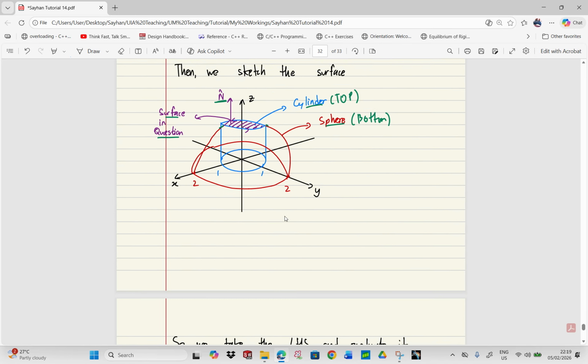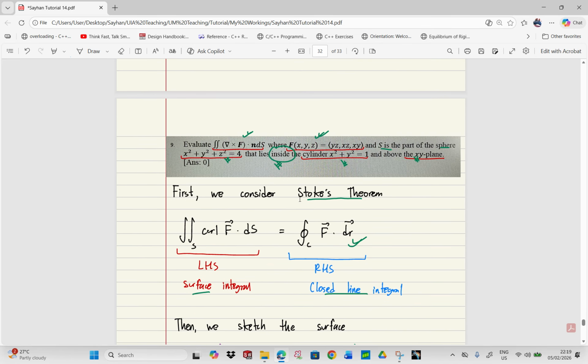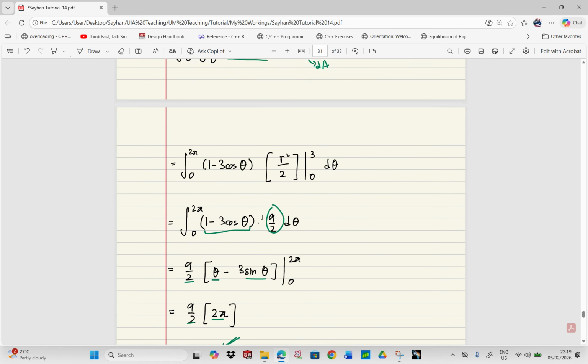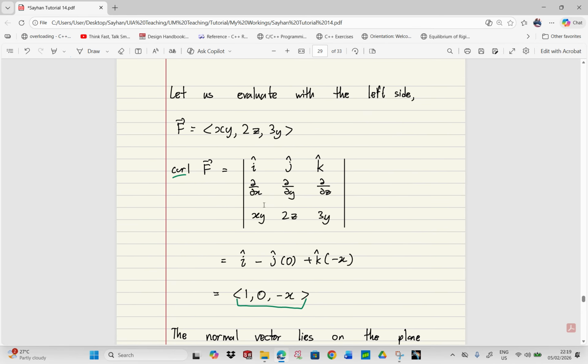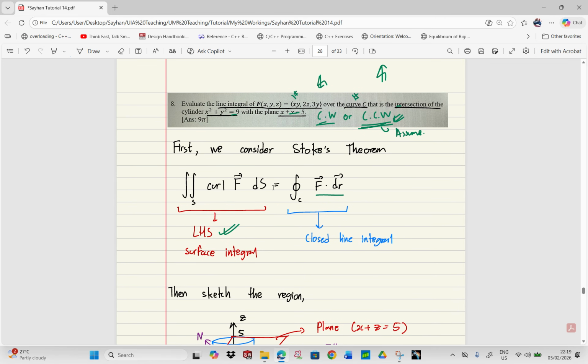Now the big question you might be having is, which one to use? Do we use the left hand side or the right hand side? I'll say it depends on the context, which is easier. Because for some questions, using the right hand side, the line integral, might not be a bad idea compared to using the surface, because the surface might seem tedious.